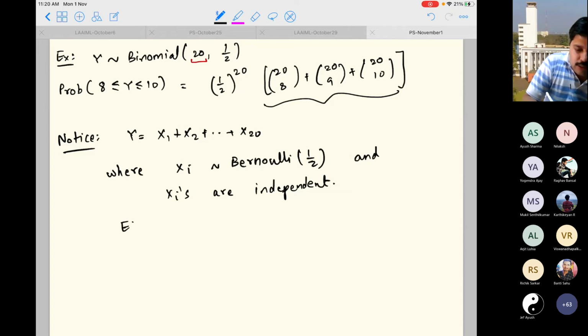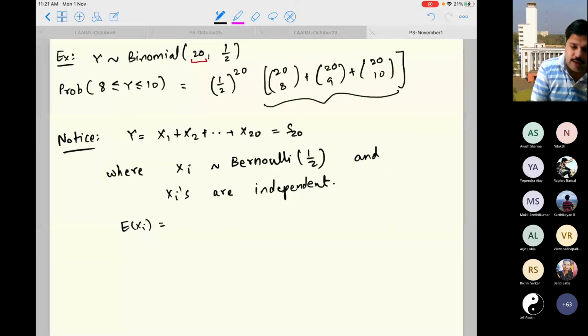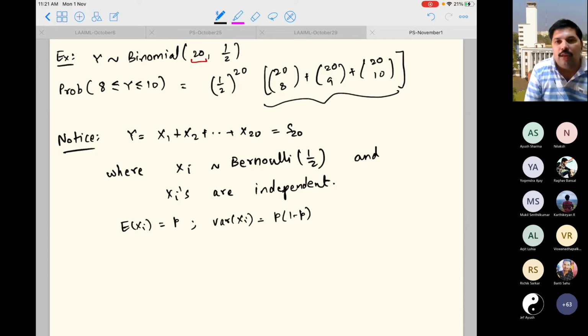So here we know the expectation of Xi, which is actually equal to mu for us in our notation. What is the expectation of Xi? P. And what is the variance of Xi? P into 1 minus P. So these numbers are: this is equal to half, and this is half into half, which is equal to 1 by 4.